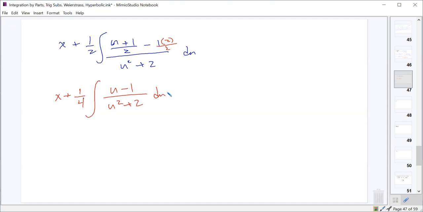We can only do partial fractions if this denominator actually factors, so it doesn't. So we got x plus 1/4 times the integral of u over u squared plus 2 du minus 1 over u squared plus 2 du. Oops, there we go. Need my 1/4 on both those. Everybody good there?